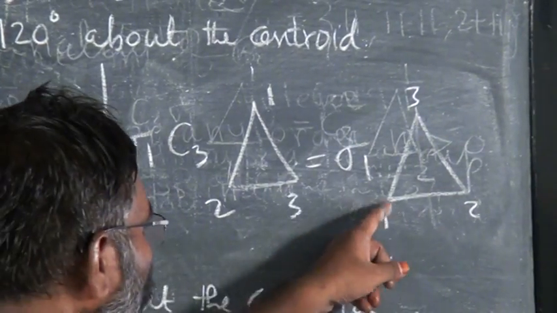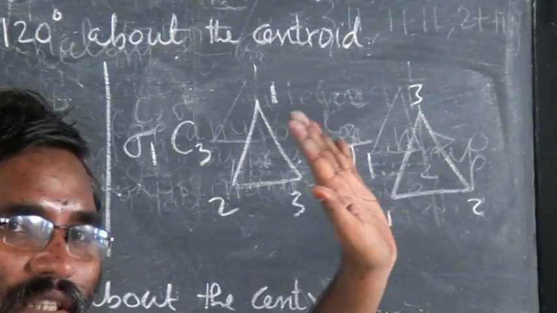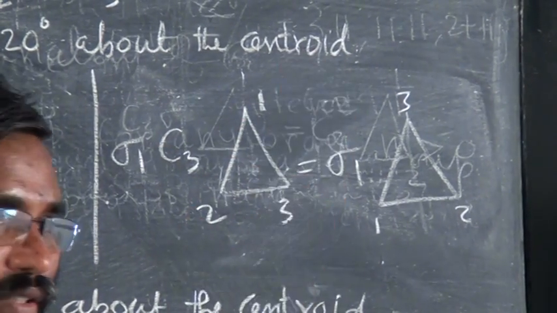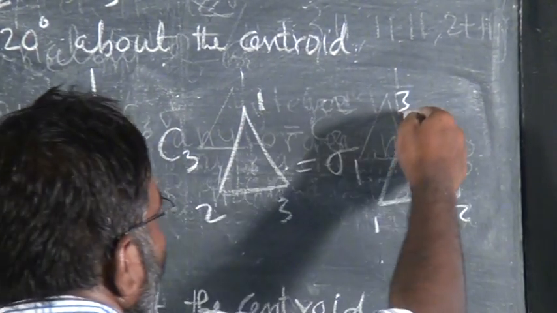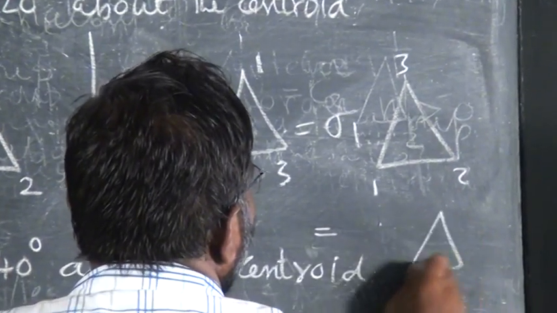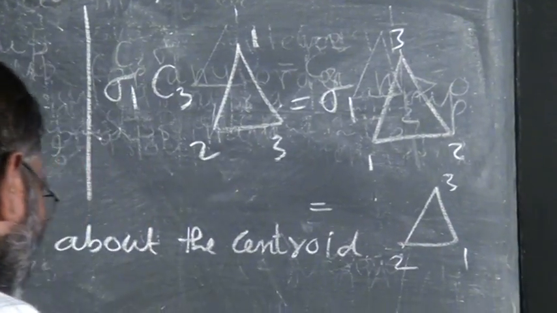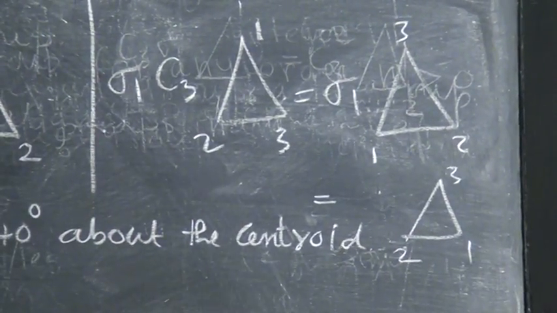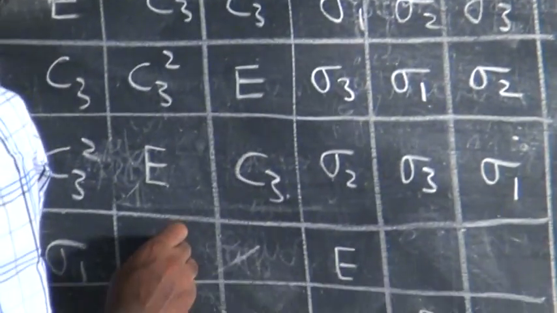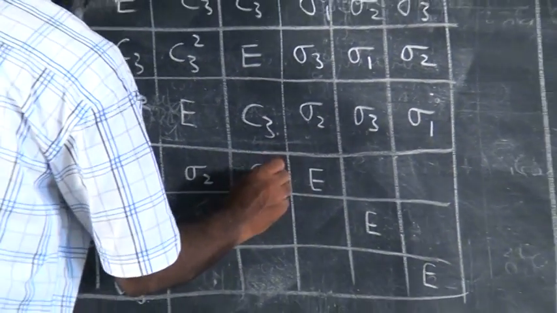Since 1 came here, you should not put the mirror here. The mirror location is fixed, only these labels are changing. The mirrors are fixed. So I must take sigma 1 as this mirror. So what will you get? You will get this as 3, 2, 1. So 3, 2, 1 is sigma 2. So I will get sigma 2 here, which means I have to get sigma 3 here.